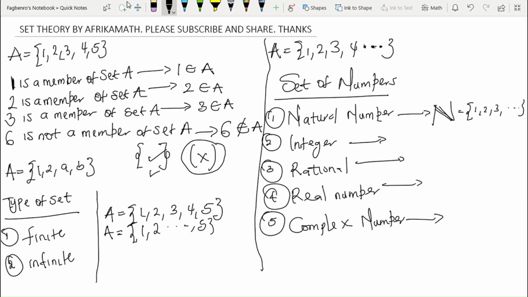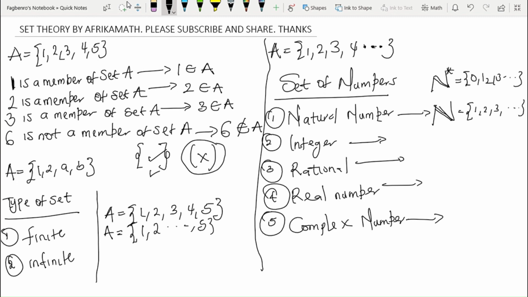But if you want to include 0 into this natural number, then the symbol will change to something of this nature. This one, you're going to include 0: 0, 1, 2, 3, like that.